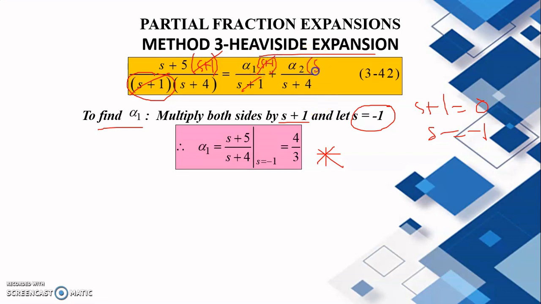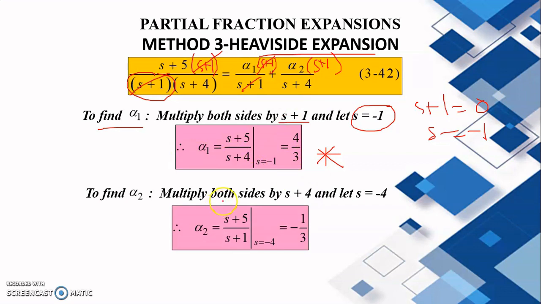Then you substitute s equal to -1 until you get alpha 1 equal to 4/3. And then to get alpha 2, you multiply both sides with s plus 4. You take the other denominator, s plus 4, and let s equal to -4, and you will get the answer for alpha 2. So this is called the Heaviside expansion method.